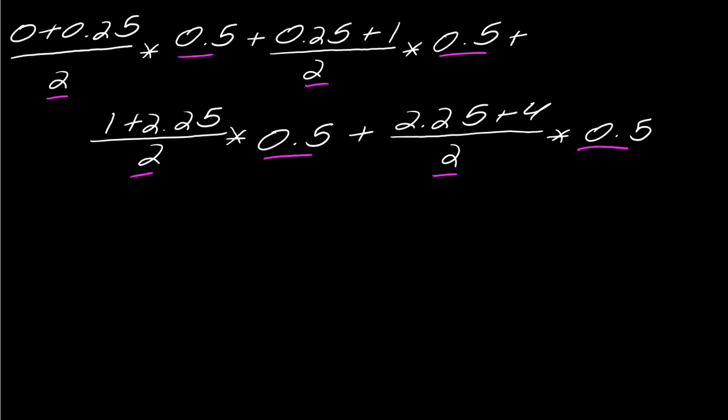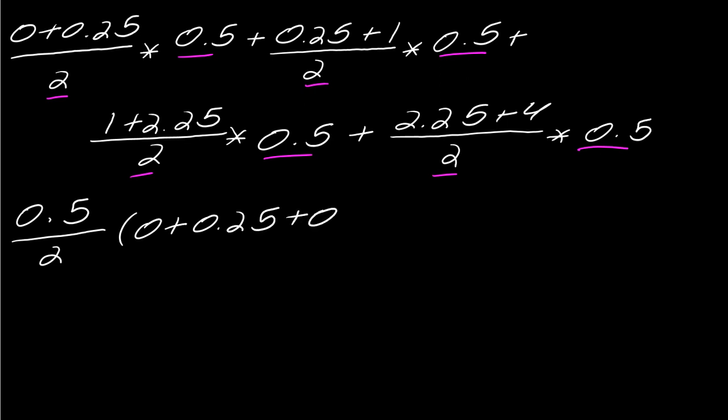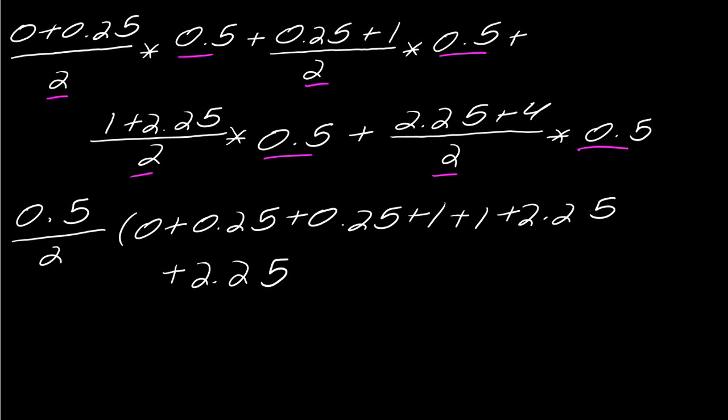All of that could really be factored out. So this will be 0.5 divided by 2. And now I've just got what's kind of left of these calculations, right? So it'll be this and then this and then 1 and 2.25, and I'm still kind of running out of room here, but you can see what we're left with, right?